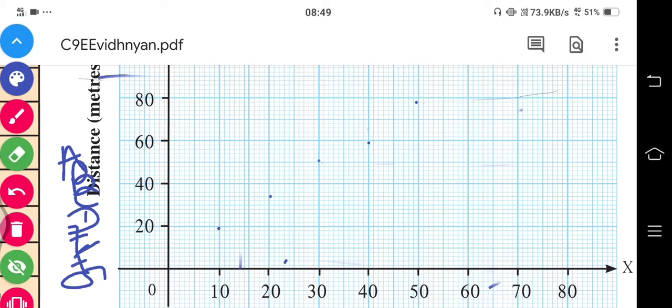So what we observe here is a straight line from here.